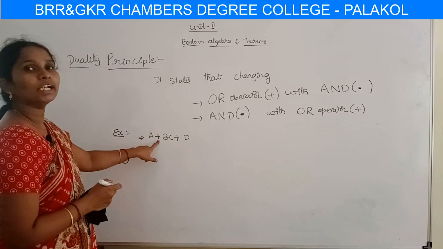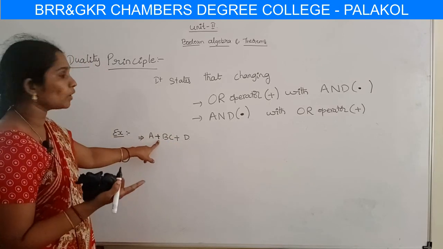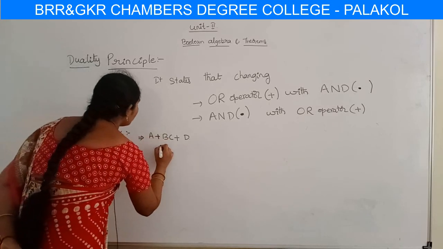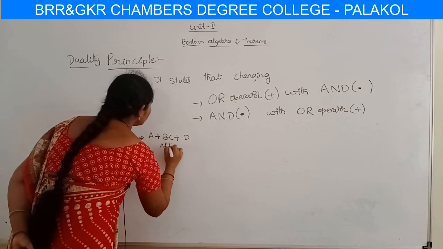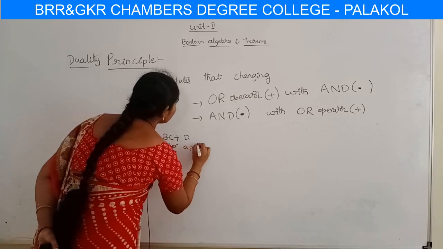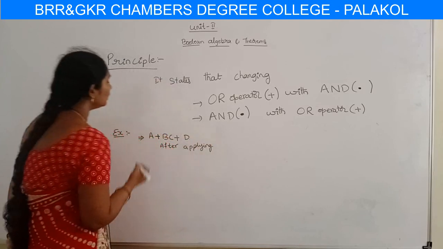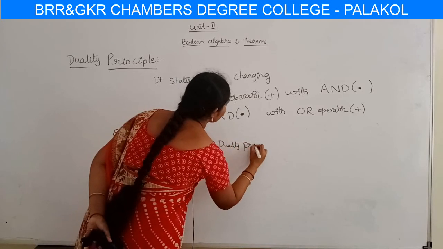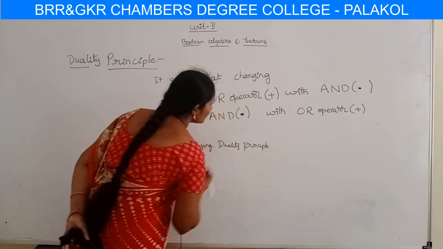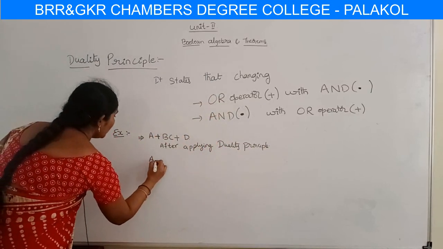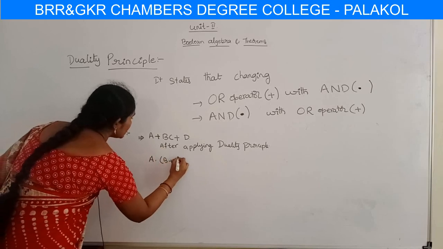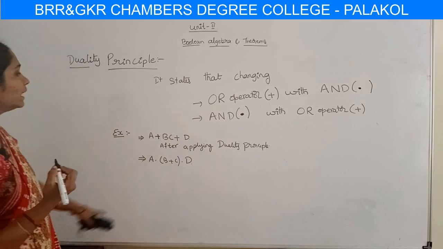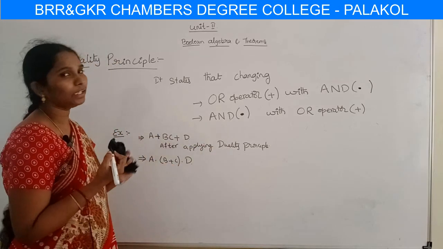We have to change this AND operator with the OR operator and this OR operator with the AND operator. After applying the duality principle, the result is A dot (B plus C) dot D. Likewise you have to apply the duality principle to this equation.